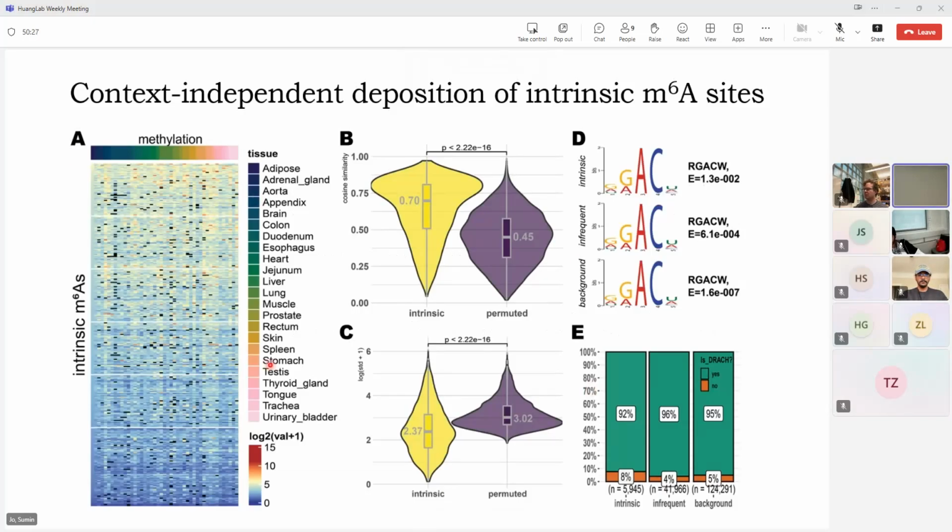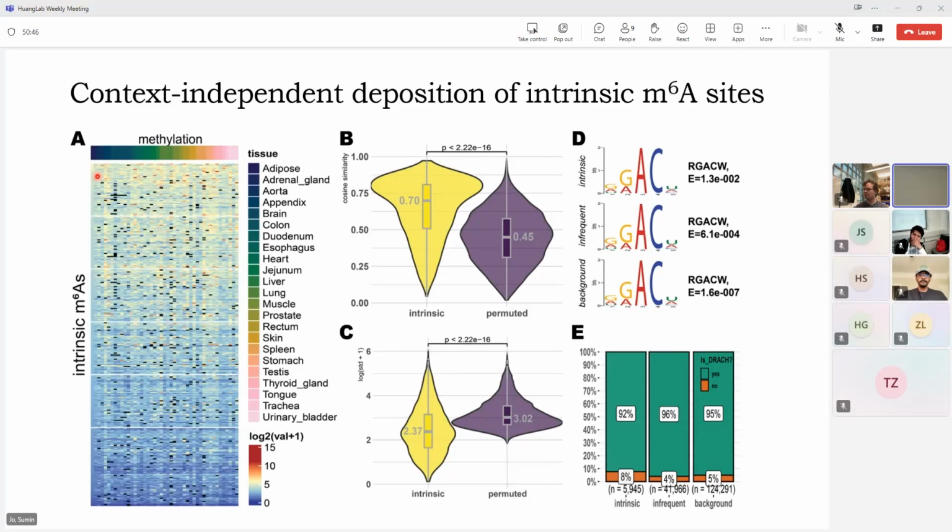This is the methylation heat map, where the columns are the different tissues and the rows are the intrinsic M6A sites. You can see that it's pretty much consistent methylation. This is also a very interesting feature.